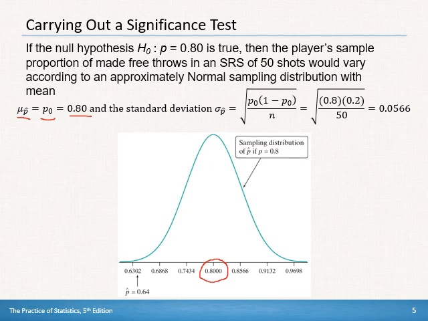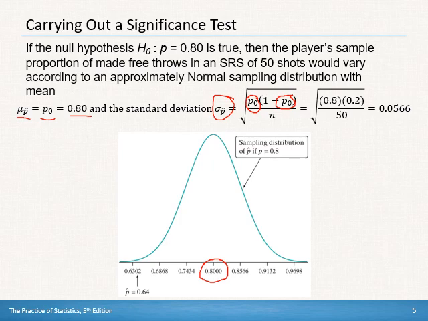All right. And so when we calculate our standard deviation of the sampling distribution of p hat, we are going to use, again, p naught and 1 minus p naught, because we're assuming that those are true. When we did confidence intervals, we didn't have any other choice.